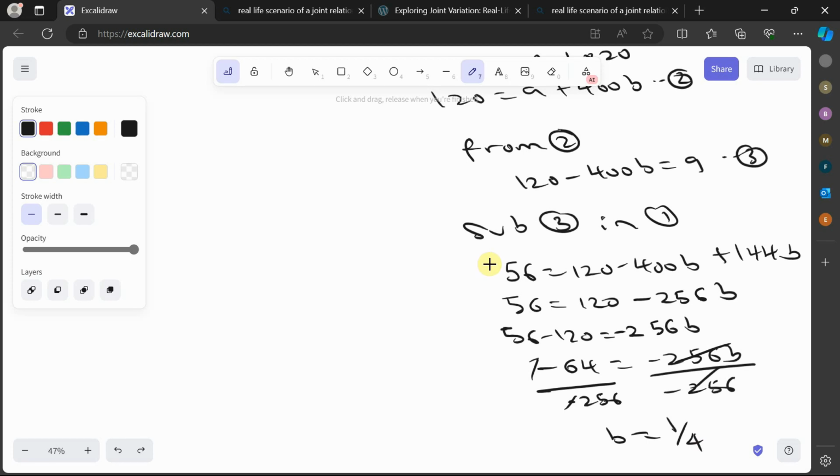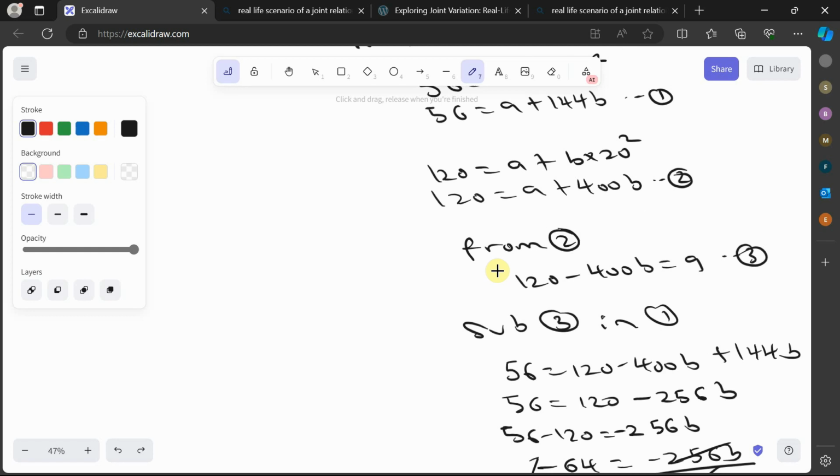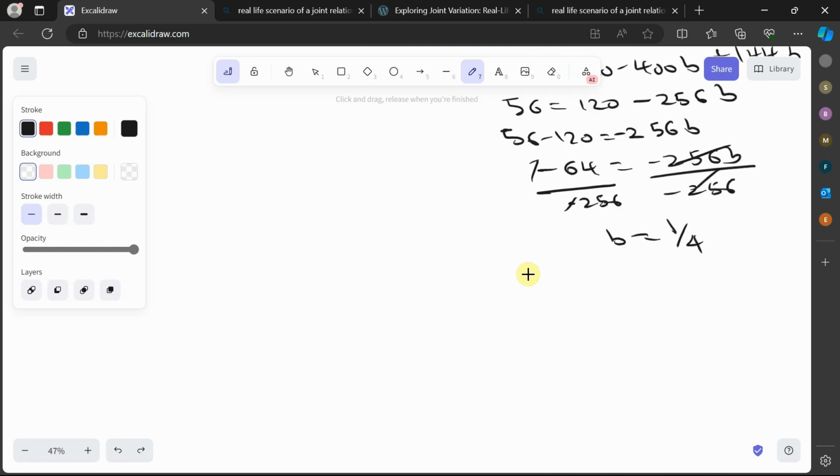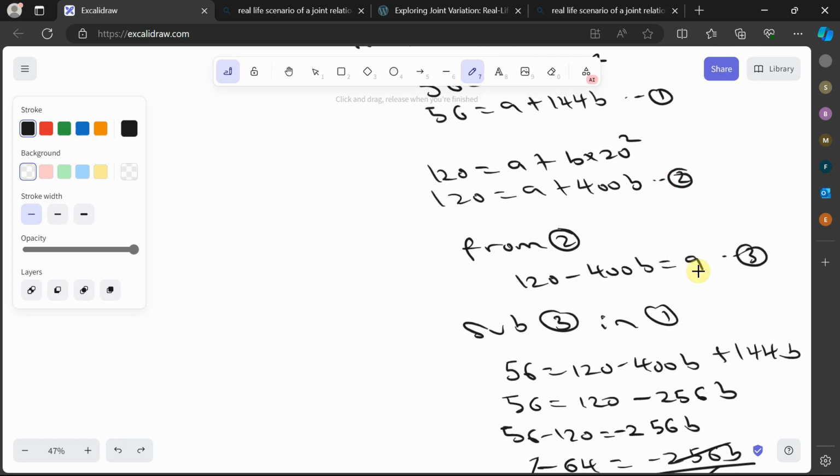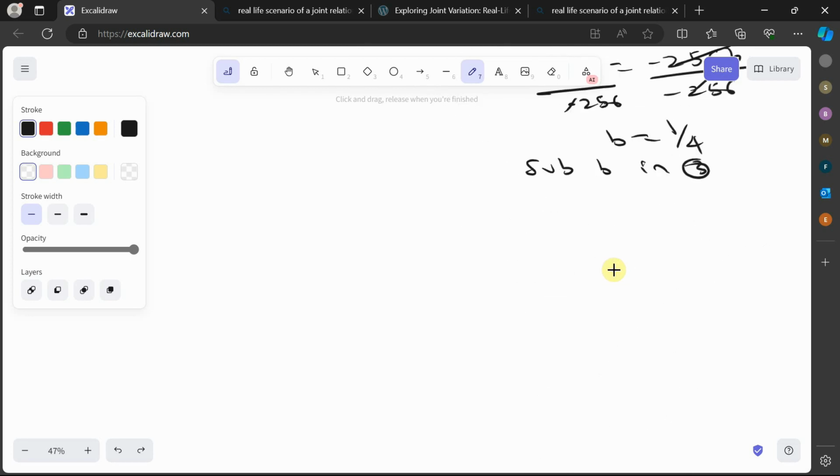We know that. Do we know what our a is? No, we don't. But we can find a from equation 3. So substituting b in equation 3: a is equal to 120 minus 400b.